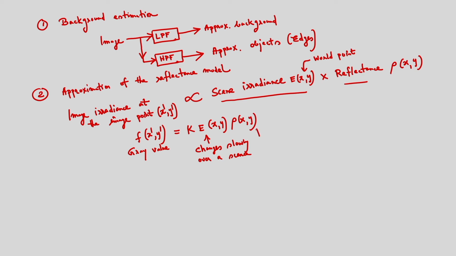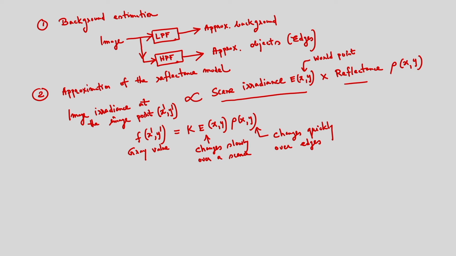If I consider the reflectance component, it changes quickly over edges, mainly due to varying phase angles. It changes very quickly over edges due to varying phase angles.